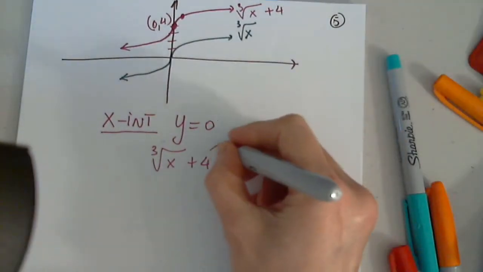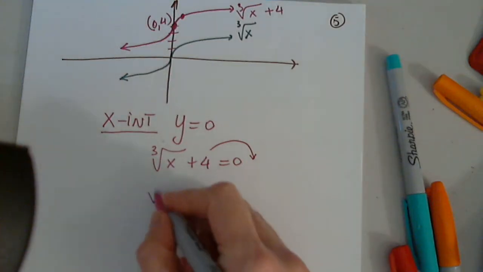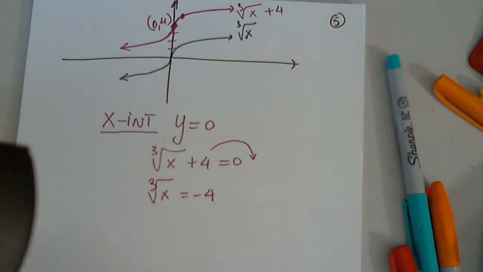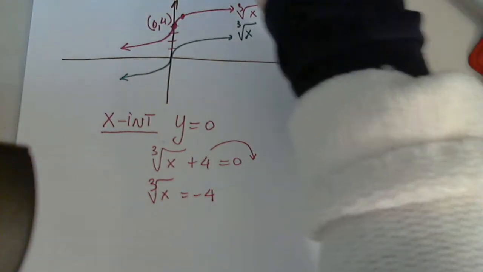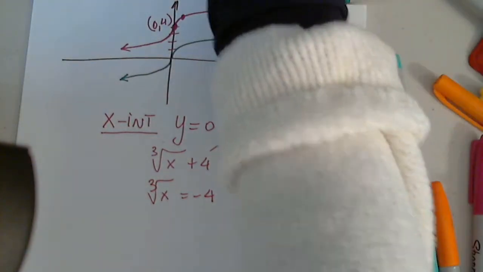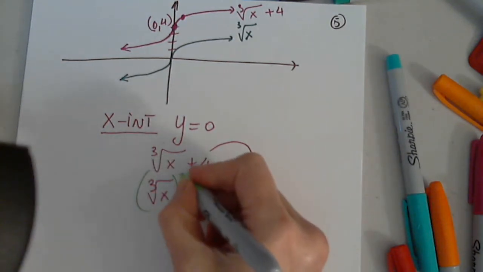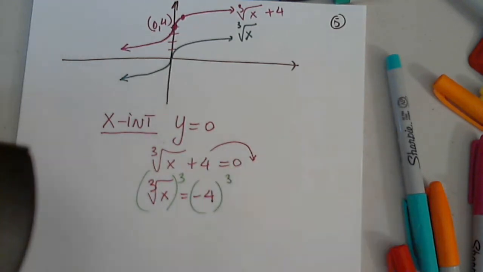Radical equation, like before, I have to move 4 to the other side. The cube root of x equals -4. What do we do next? Does anyone remember how to address this next step? You raise both sides to the power of 3? Why not to the power of 4? Because why do I choose 3? It's the cube root. Of course.